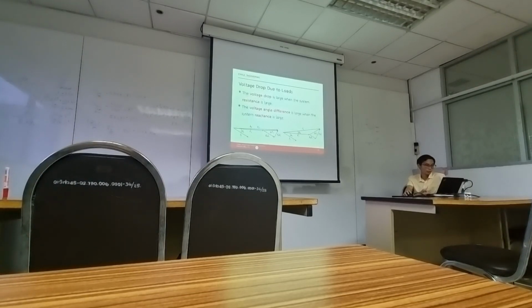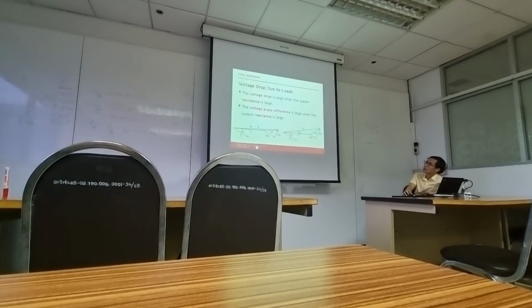The voltage drop would be large when the system resistance is large. For example, from this phasor diagram, if R here is large, the voltage drop will be large. Voltage drop is the change in the magnitude of the voltage, and it will be large when the resistance is large.